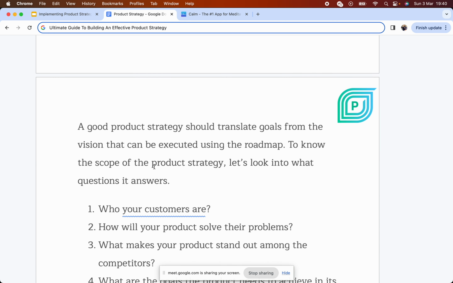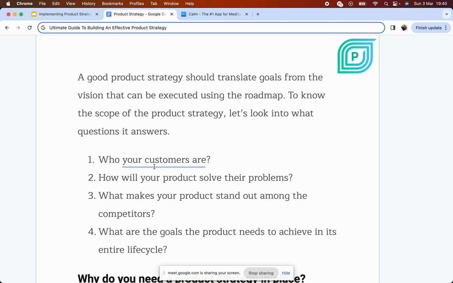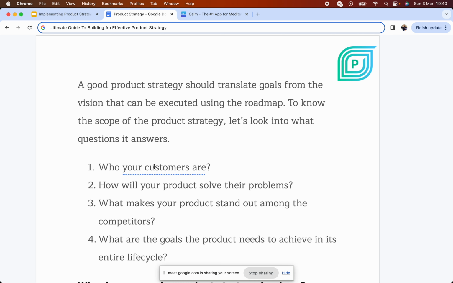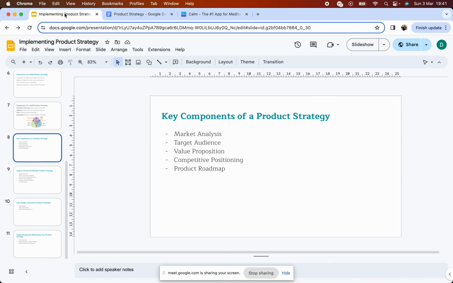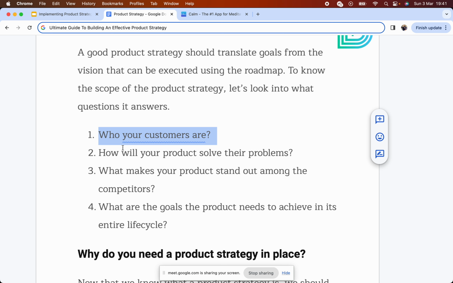So in trying to look at what a product strategy should be, and how it translates to our mission and vision, we think of who our customers are, and that's what market analysis helps us to understand. Market analysis and target audience. So who are our customers?